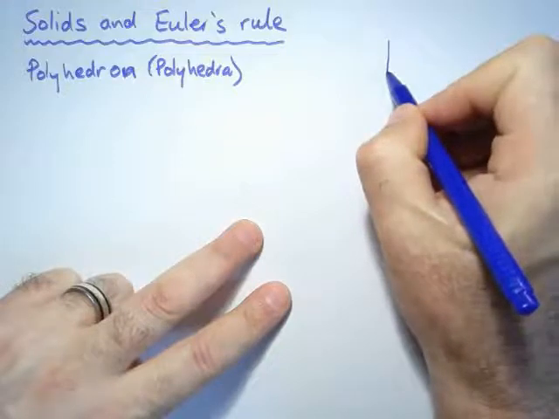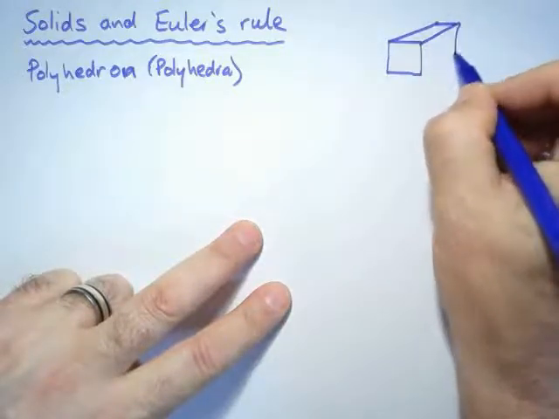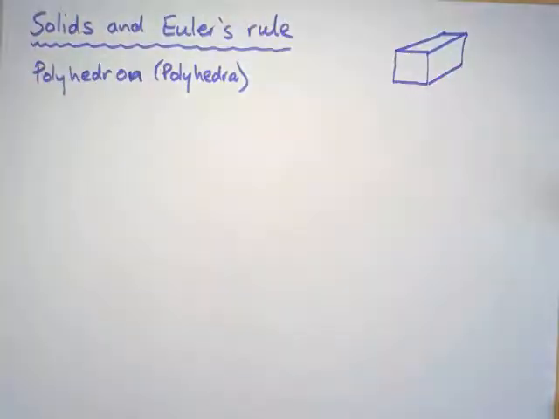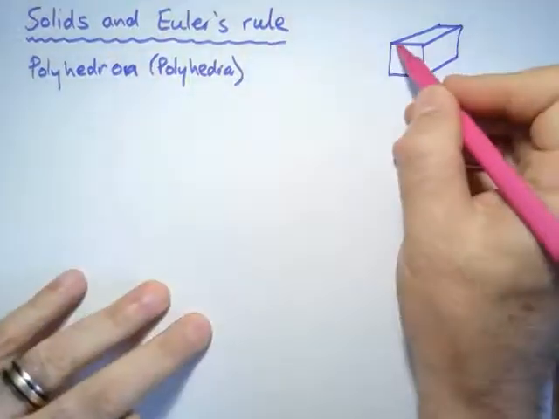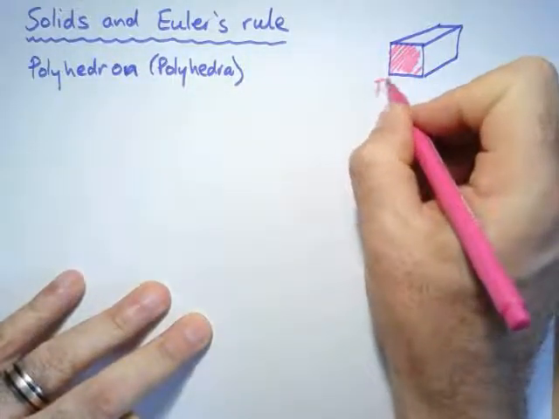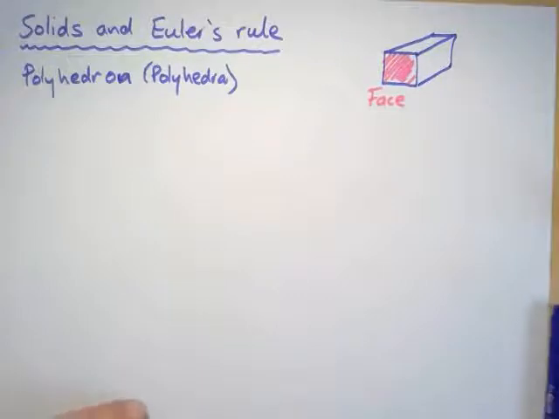So if I have a solid which is three-dimensional, what we say is we have faces. Now I'm going to draw, this is the face. So how many flat sides there are, faces. We have the vertices.